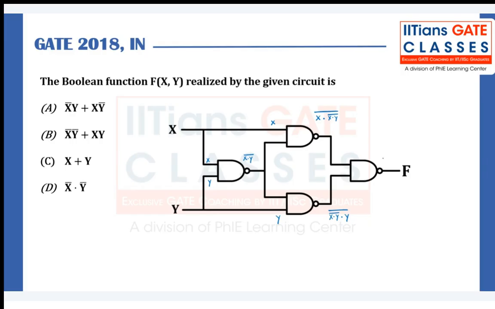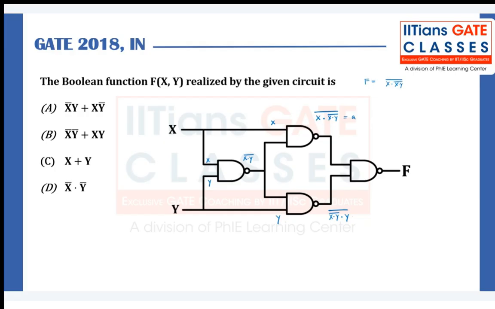F is going to be simple. It's also a simple NAND gate, right? NAND gate means F will be X dot Y bar, first leg dot second leg bar, A dot B bar.